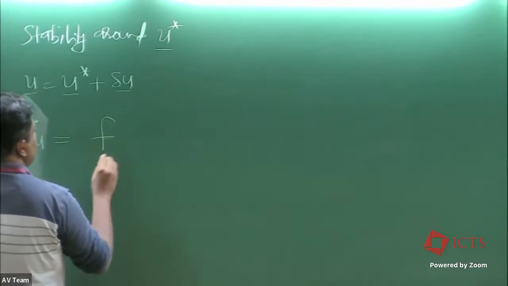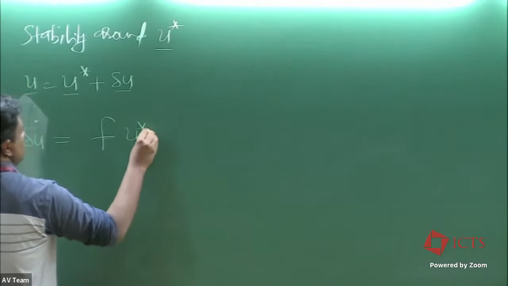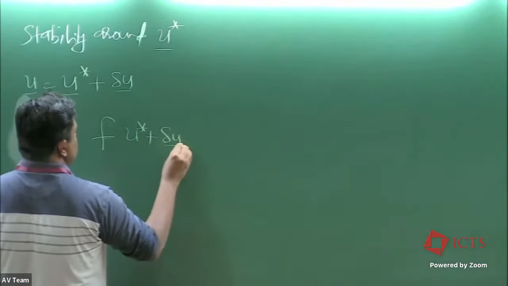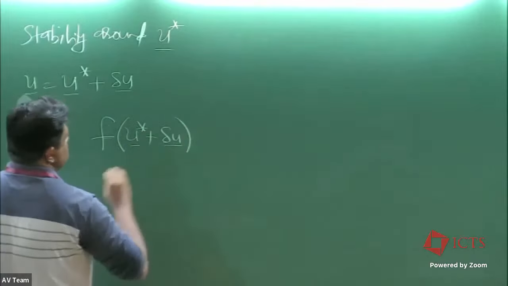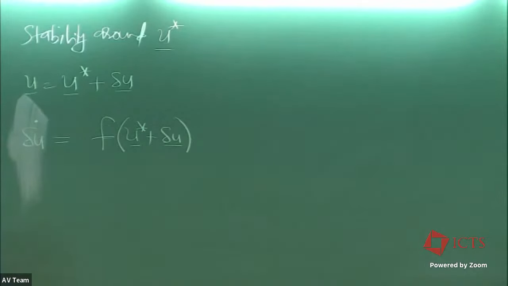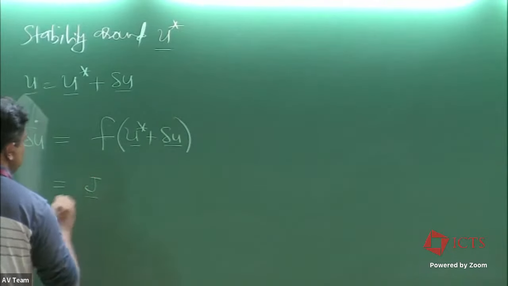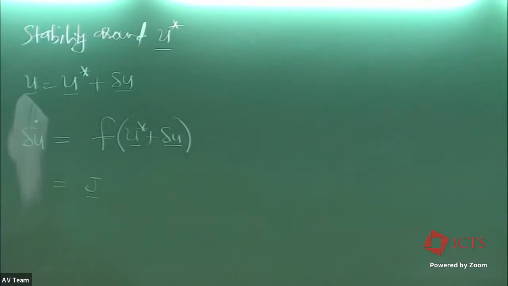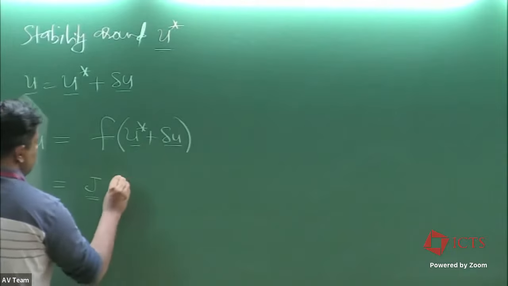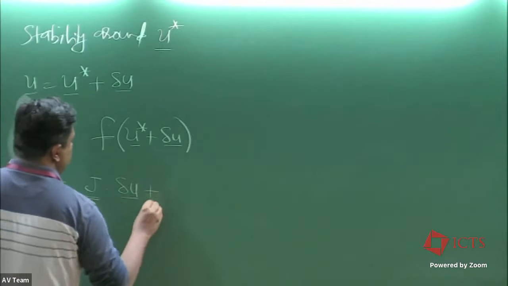So this will basically be f at U star plus delta U, which you can do a Taylor series expansion. And so basically write this as some Jacobian matrix, right, times delta U plus higher order terms.